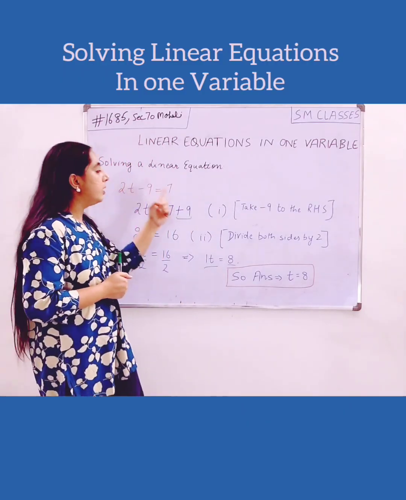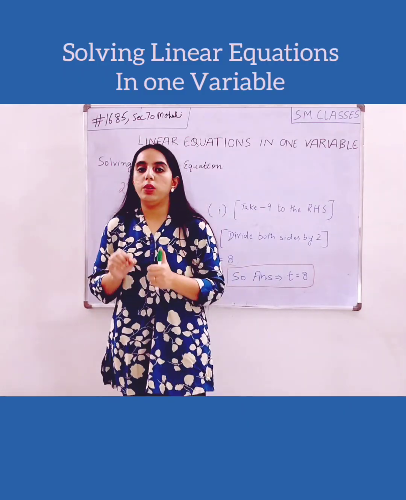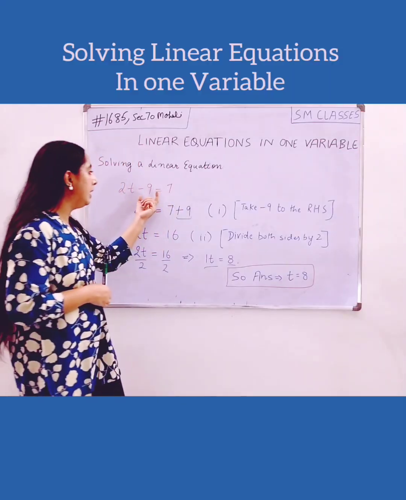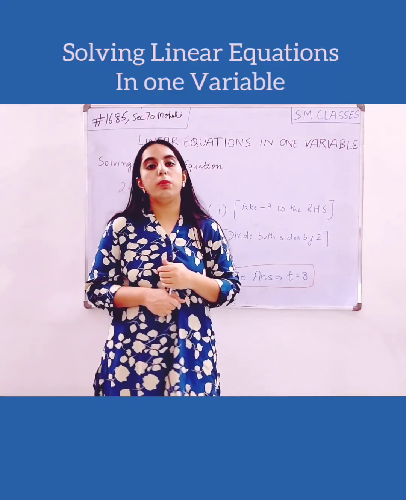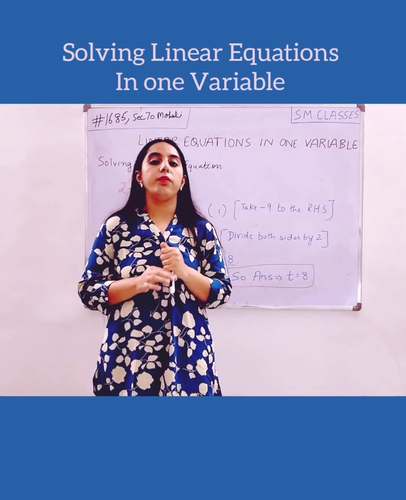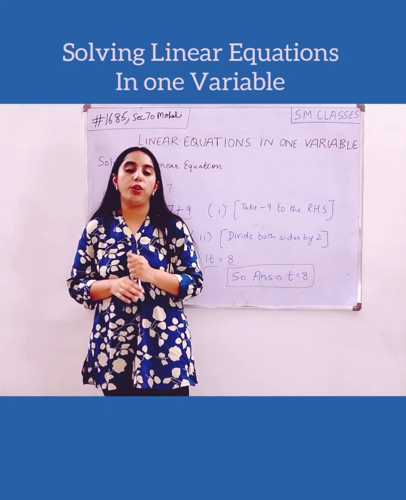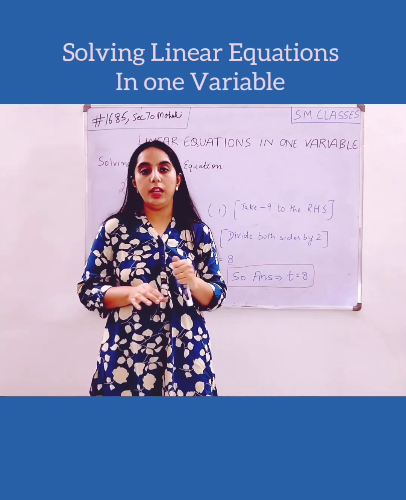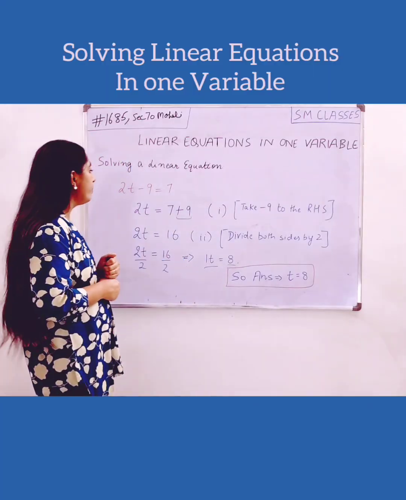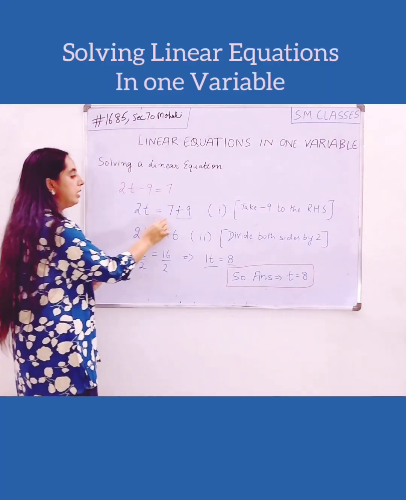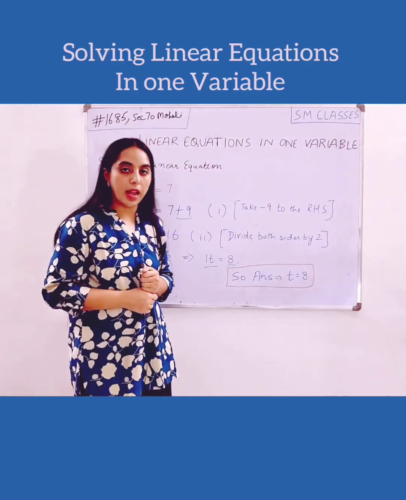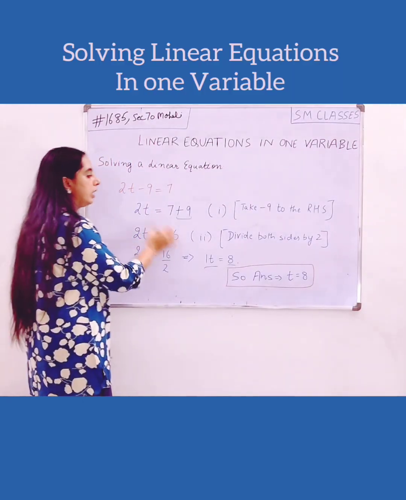When we take it to the right hand side, its sign will change. If it is minus 9 on the left hand side, on the right hand side it will become plus 9. Its sign will change, and this is valid for every solution of every linear equation. So minus 9 becomes plus 9. We get 2t is equal to 7 plus 9. So we get 2t is equal to 16.